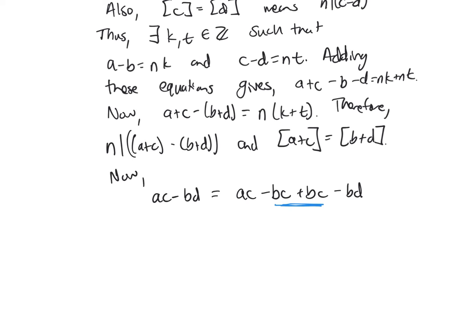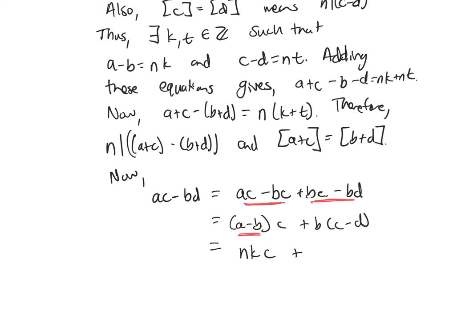The reason we do that is because if you look here, the first two terms have a C in common, so you can factor that C out. And then the last two have a B in common, so you can factor that out. Now, what do we know about A minus B? We know that this is n times K, times C. What do we know about C minus D? It's n times T. And so you can factor an n out here.